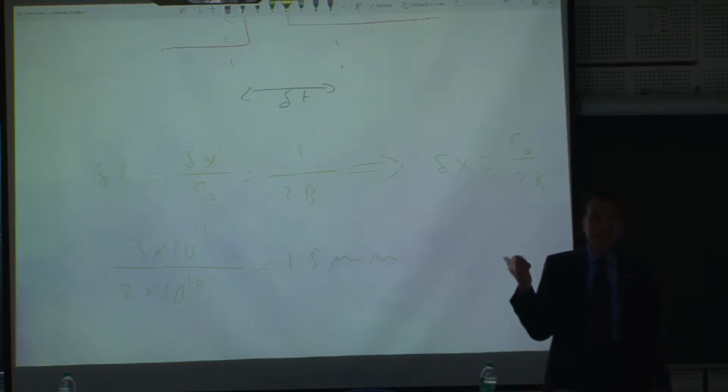And as you see here, it is not omega naught. Omega naught doesn't play any role. It is actually the bandwidth, n times delta omega, which dictates the resolution. Therefore, before just talking about nanometer resolution or something like that, you must take care.